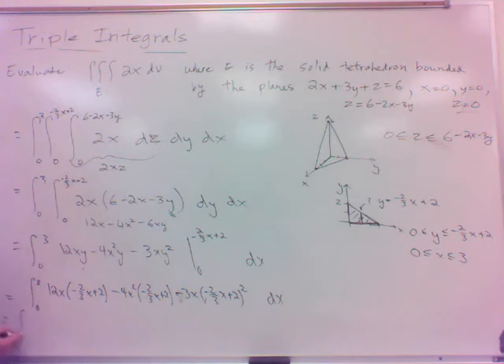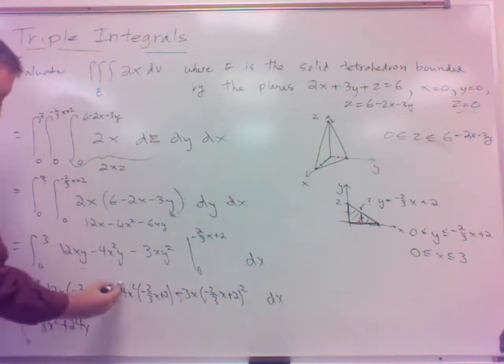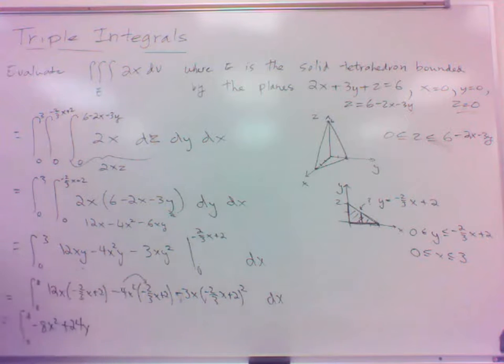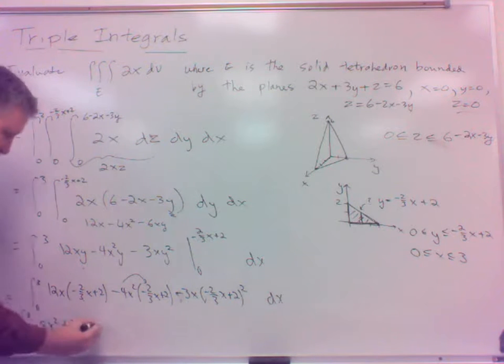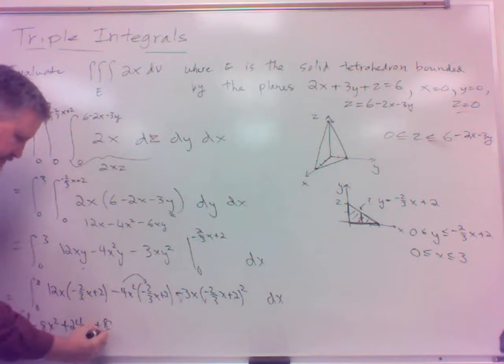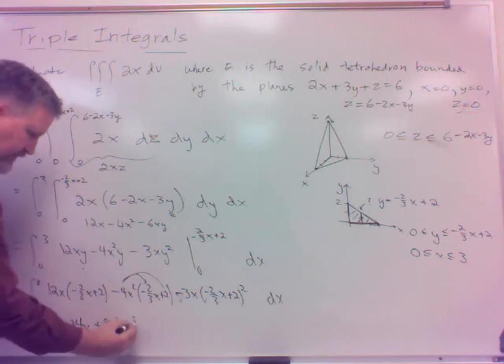A little bit of distributing. 12x times negative 2/3 x would be negative 8x squared, and 12x times 2 would be plus 24x. Then it'll be plus 8/3 x cubed minus 8x squared.